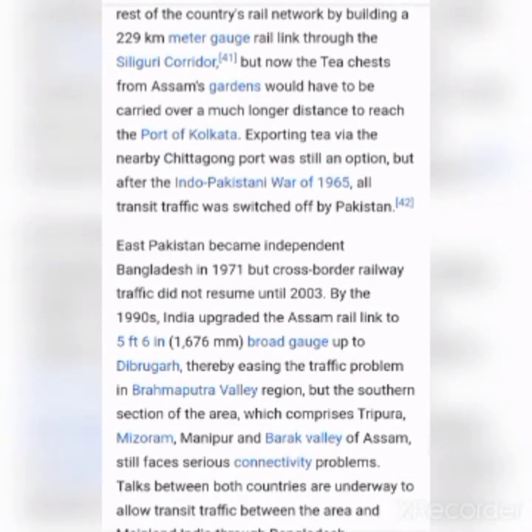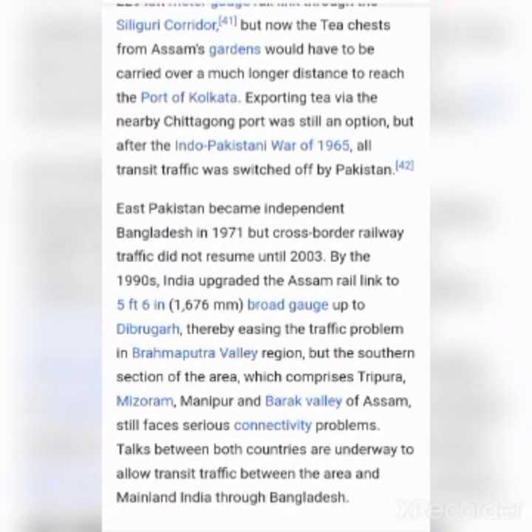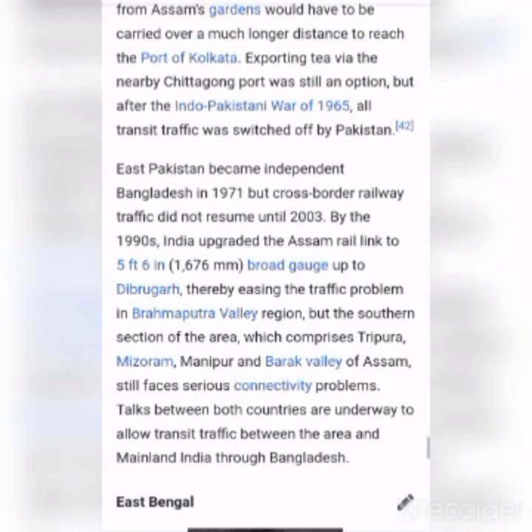By the 1990s, India upgraded the Assam rail link to broad gauge up to Dibrugarh, easing the traffic problems in the Brahmaputra Valley region.